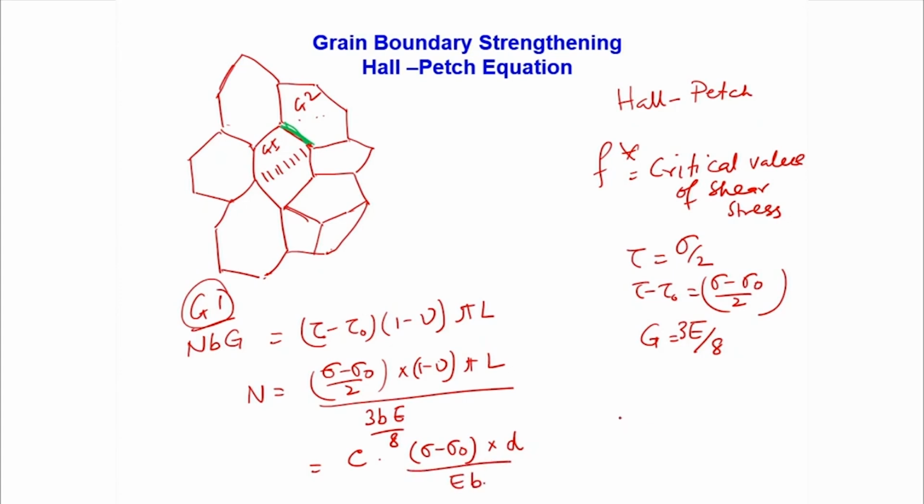Well, C is equal to, as you know, 4 times 1 minus nu times pi by 3, that is it. Not only that, L and D are related, because L and D is the grain size. You can always talk about grain size as D like that.